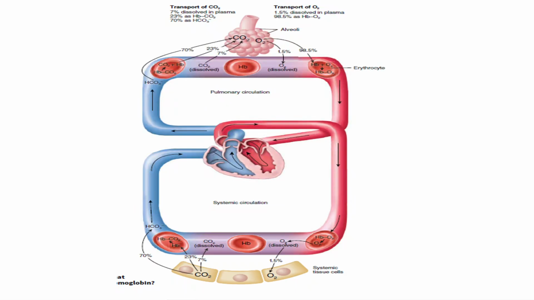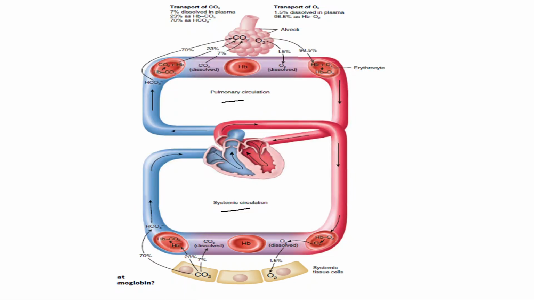You were taught in EMT school that first of all, we have pulmonary circulation right here on top and systemic circulation on the bottom. Pulmonary circulation just means that blood is receiving oxygen and getting rid of CO2 up here.